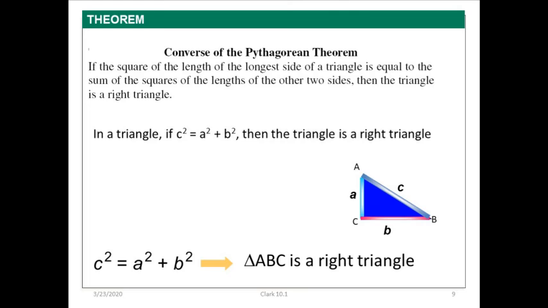The converse of the Pythagorean theorem states that if the square of the length of the longest side of a triangle, which is your hypotenuse, is equal to the sum of the squares of the lengths of the other two sides, which are your legs, then the triangle is a right triangle.